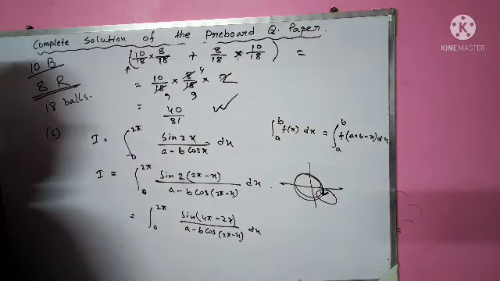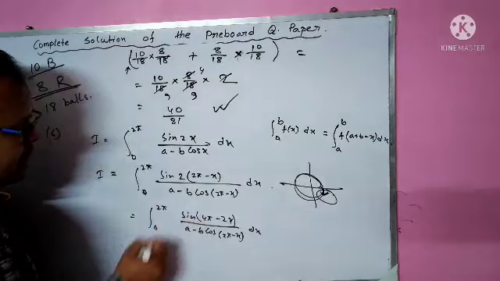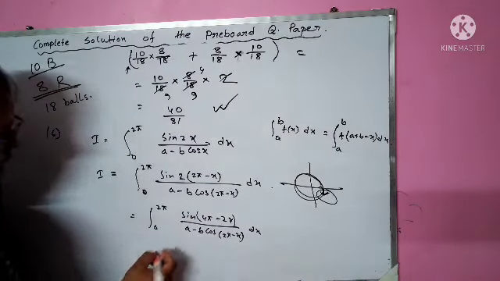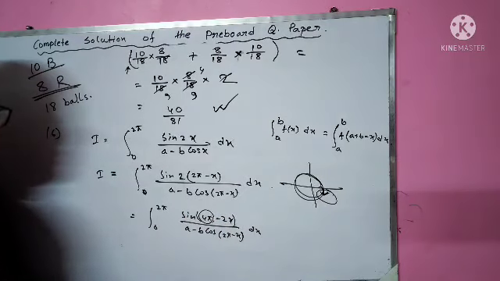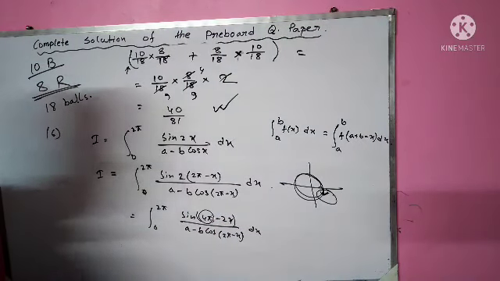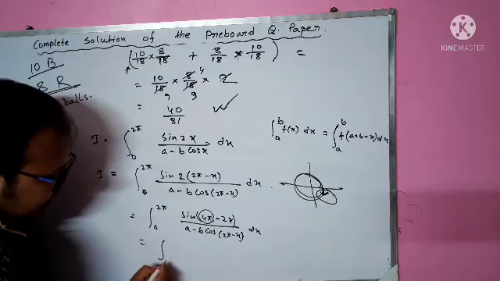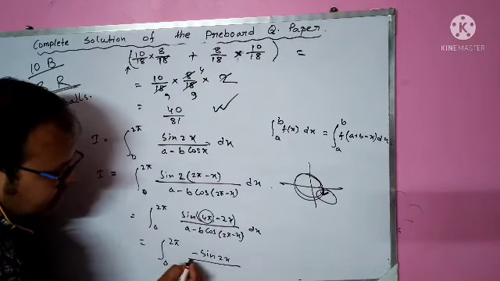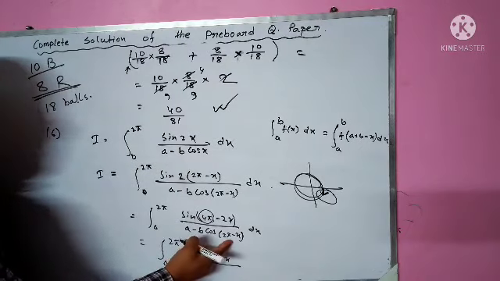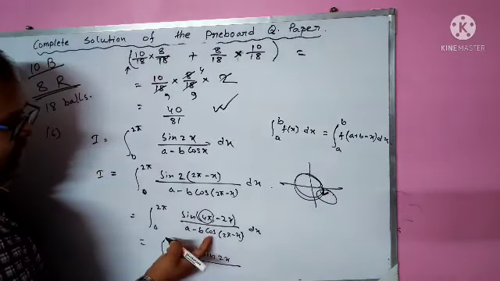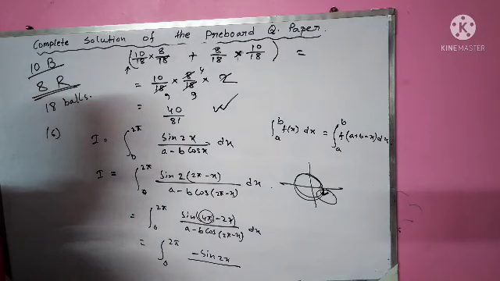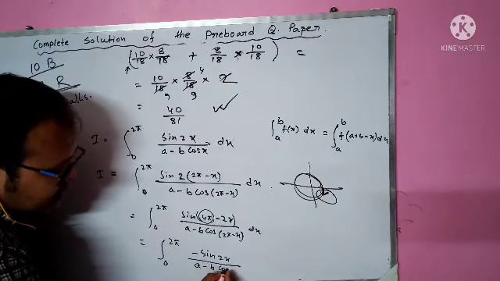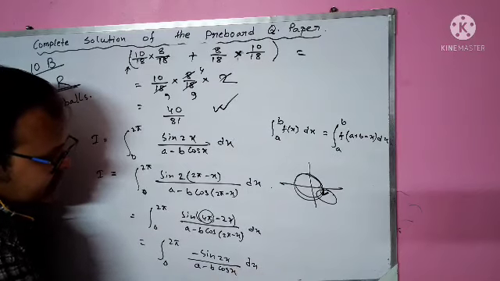Since sine has come to the domain of cos, definitely you should apply a negative sign there. And since it is an even multiple of pi by 2, there will be no change in the trigonometric ratio. So you get 0 to 2 pi of minus sine of 2x. Here, 2 pi minus x again comes to the cos domain, and cos itself has come to the cos domain, so there will be no negative sign, and it will be a minus b cos x only. So the denominator will not change.